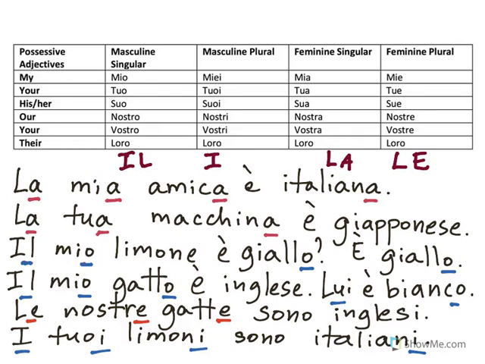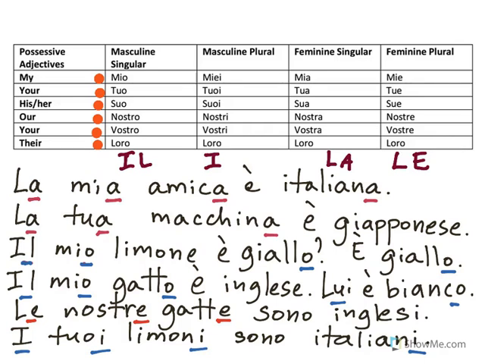Okay, let's see them all together. You see here on this table the possessives. These ones are the base ones, and then you modify them according to the number and gender. Mio means mine, tuo, yours, suo, his, hers, or also yours, sir, yours, madam, nostro, our, vostro, your, plural, loro, their.